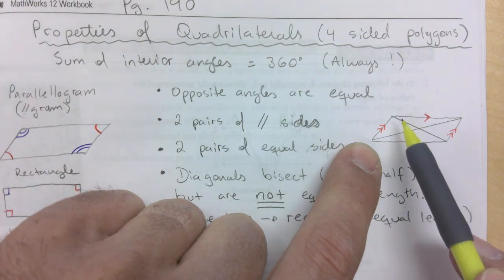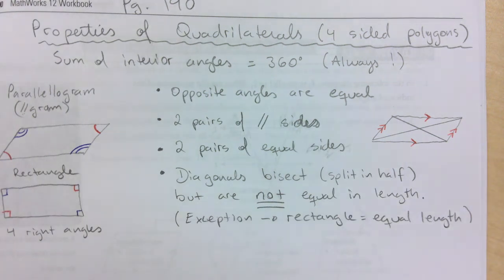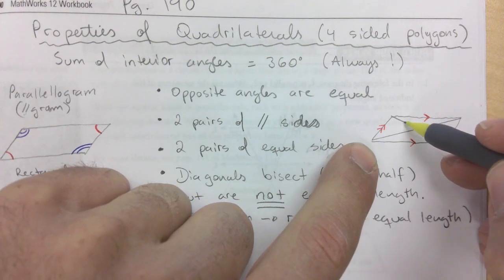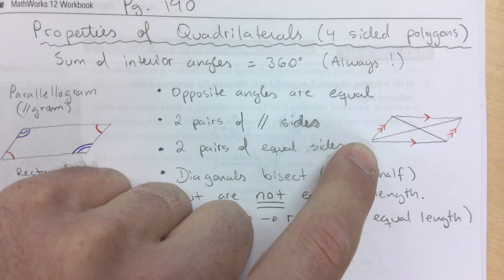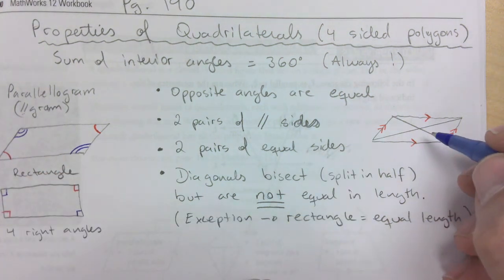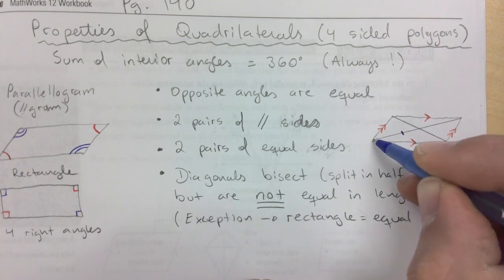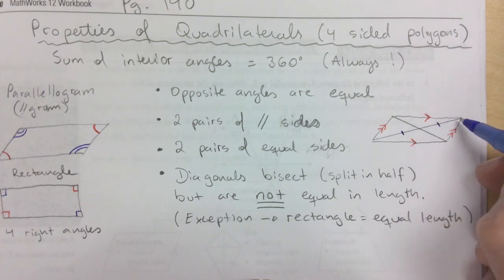This one here would be shorter than this one here because it's going, right? If it's a flat shape, like it's going all the way across. So this one is longer than that one, okay? What is true though about them is they split each other in half. So this stretch from here to here would be the same as this stretch from here to there.